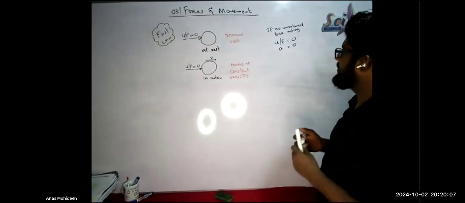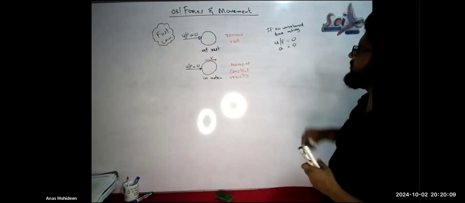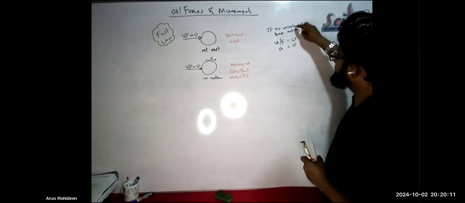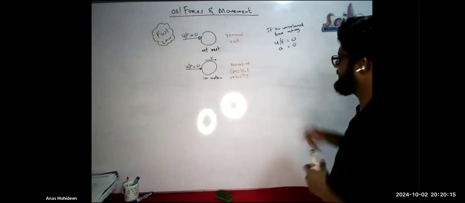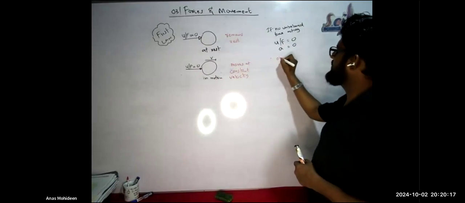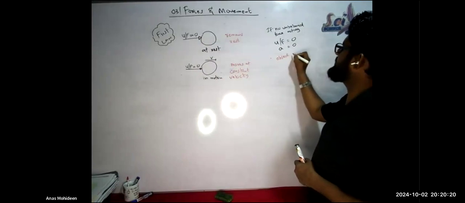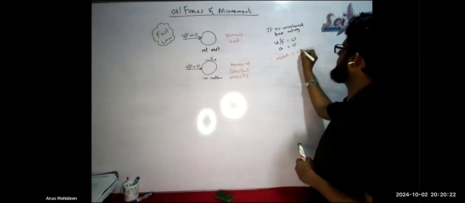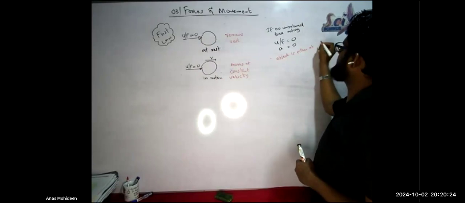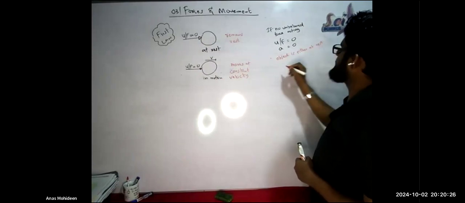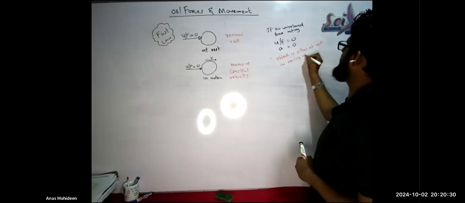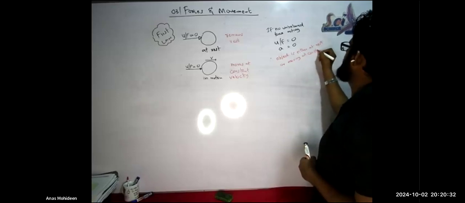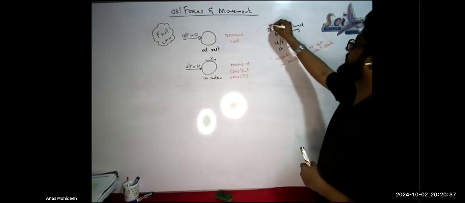So if no unbalanced force is acting, unbalanced force is 0, that means acceleration 0. Hence, the object is either at rest or moving at constant speed.